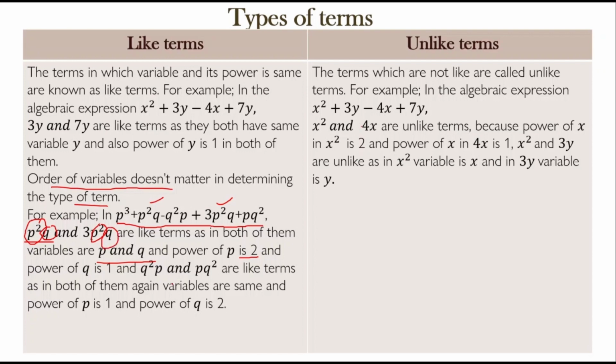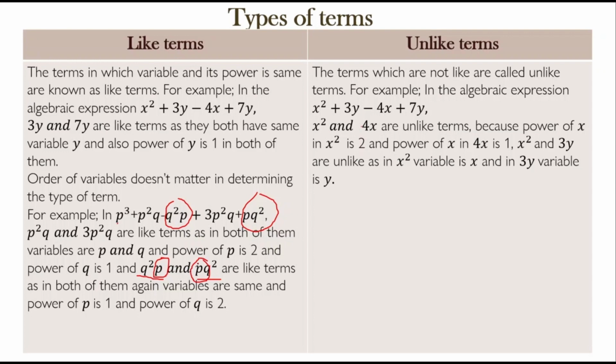But the point about the order of variables comes in the second case. Look here. If we look at the terms q square p and pq square, they might look like unlike terms, but we need to focus that our condition is that the variables should be the same. In both the terms, the variables are p and q. In the first term, the power of p is 1. In the second term also, the power of p is 1.